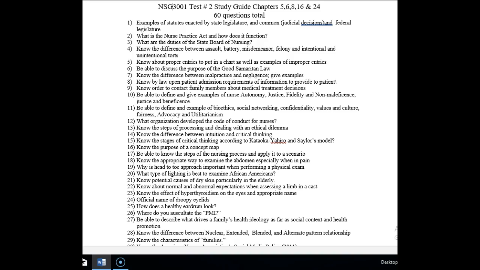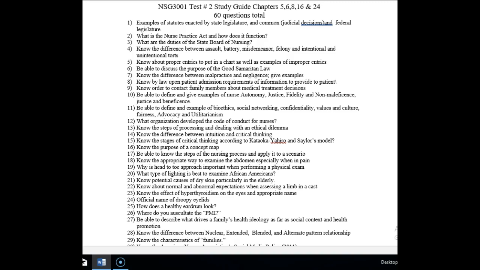Just know about the order as far as contacting individuals when it comes to, for instance, let's say you may want to ask somebody to give permission for organ donation or something like that.